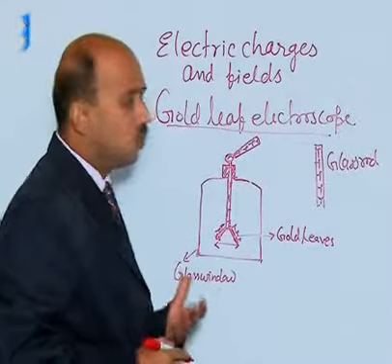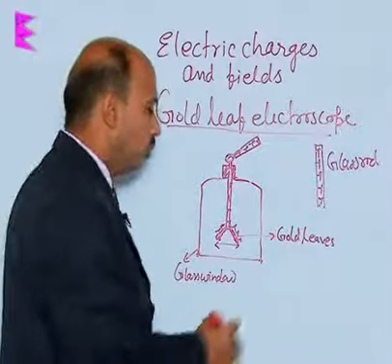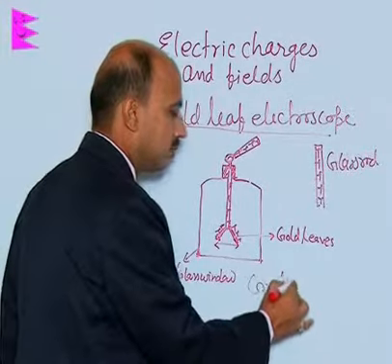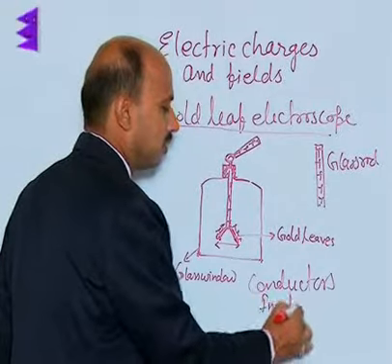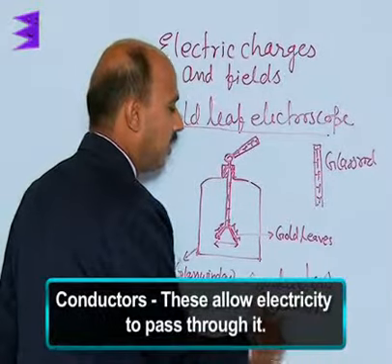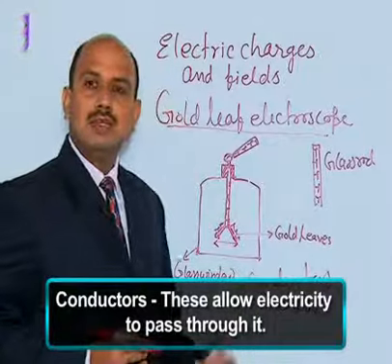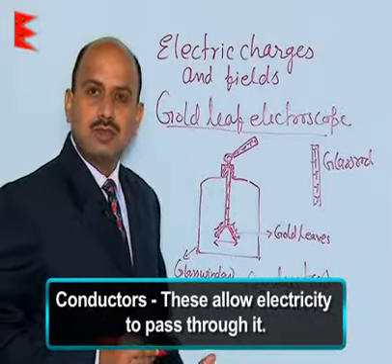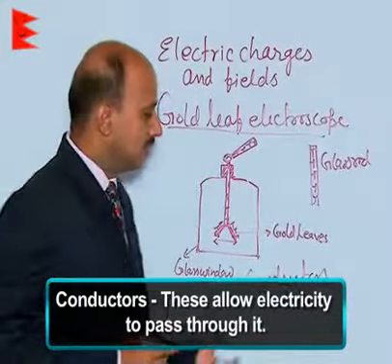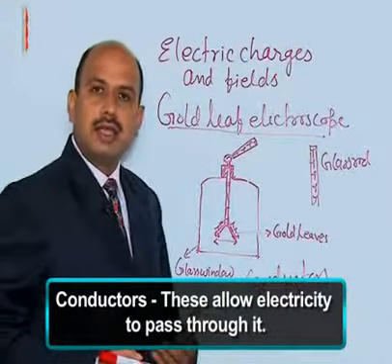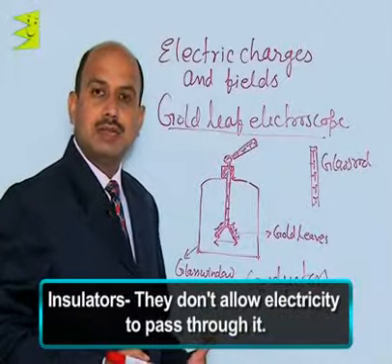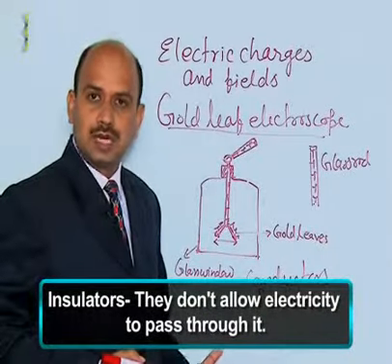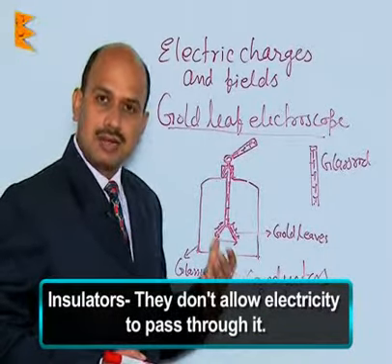Now see here, there are two types of materials we use. One we call conductors and another is insulators. Conductors are those materials which conduct electricity, which allow the movement of charges. Metals are taken as conductors. Insulators are those materials which do not allow the flow of charges, which do not conduct electricity.